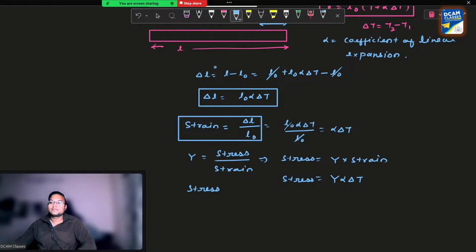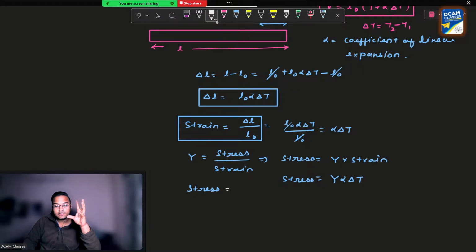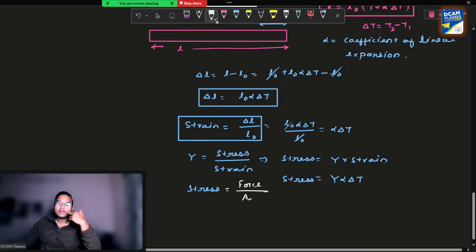It's the restoring force developed per unit area. They must have taught you in schools. Stress is when you apply some force, the opposite force that the body applies. It's the restoring force, which tries to restore it. That restoring force acting per unit area is known as the stress, or you can write force per unit area.